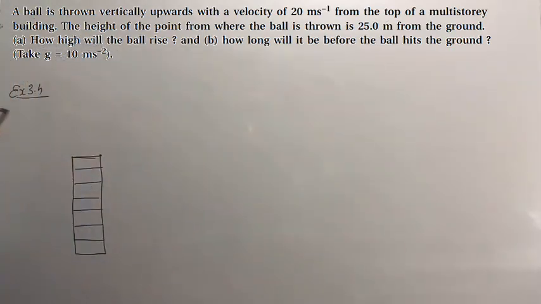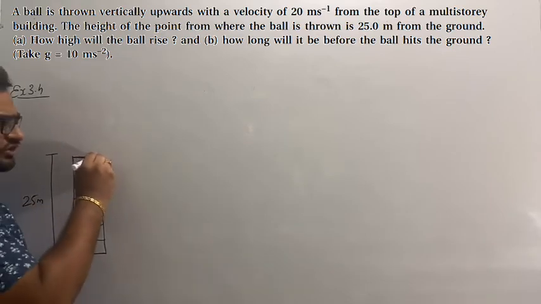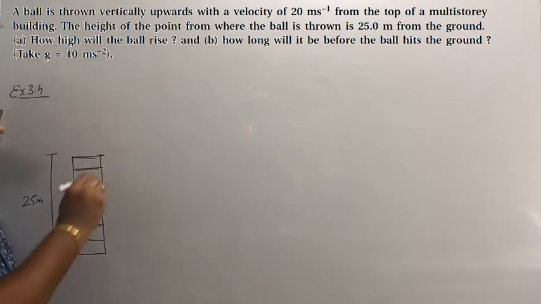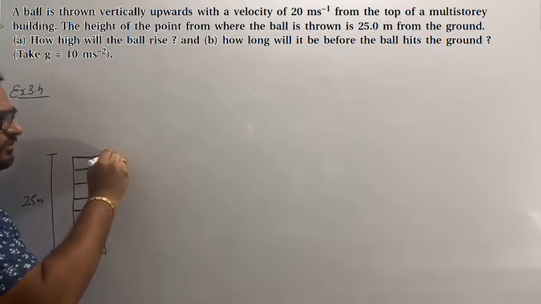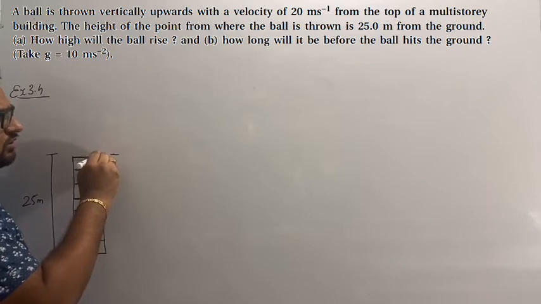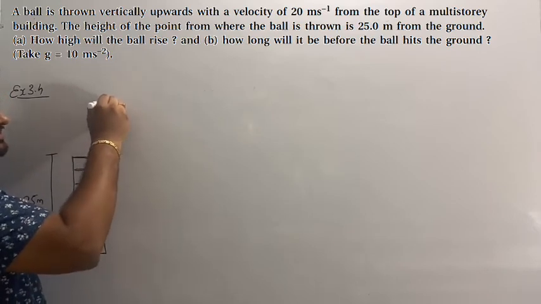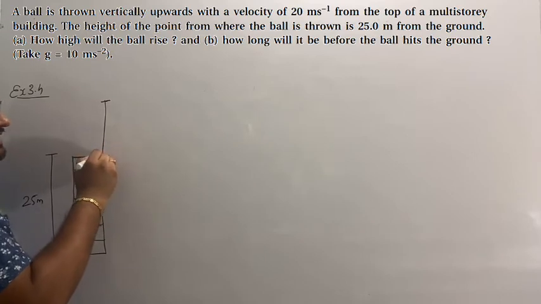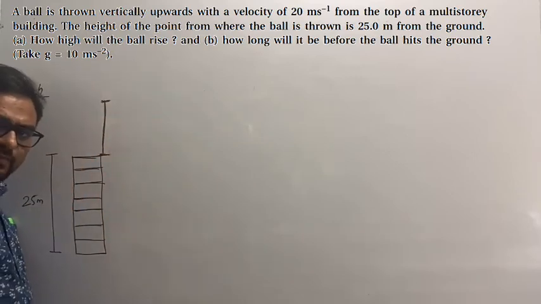Let me explain the question. See, this is a multi-story building having a height of 25 meter. From this position, the ball is thrown upward. Let's say this is the maximum height that is gained by the ball.